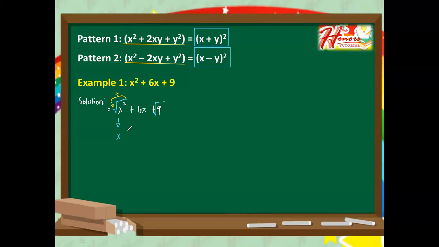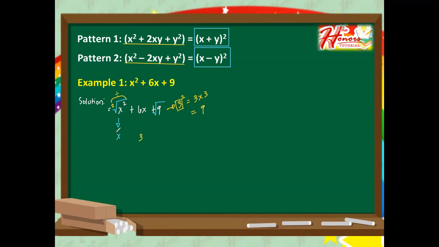And then we have here square root of 9. So you have to think of a number that when you raise to 2 is equal to 9. So that is 3, because 3 squared is equal to 3 times 3, and that is equal to 9. So we are going to answer the base itself and not the exponent. So we have here 3.